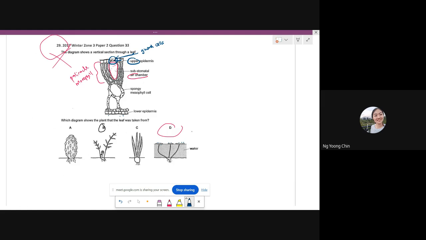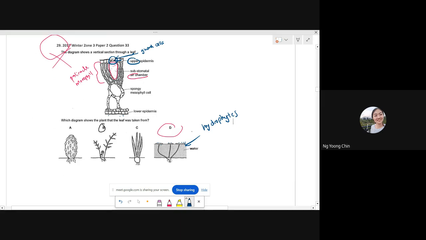So it's not good for the plant. That's why they need to be in the upper epidermis. So this is only found in the hydrophytes. These plants grow underwater. They have this feature, which is their guard cells are located on the upper epidermis in contact with the air, not water.